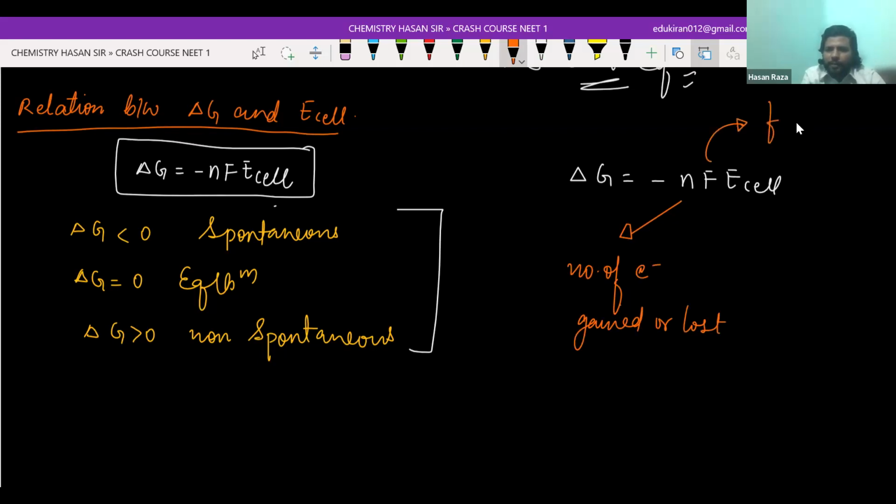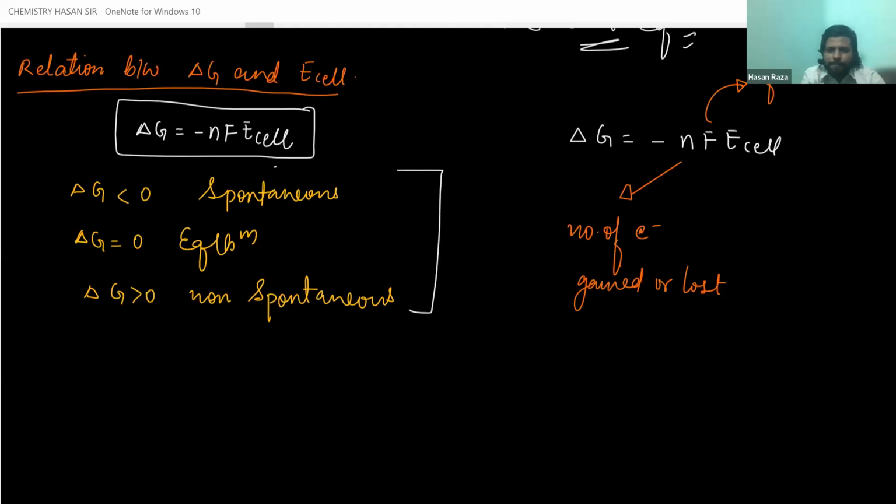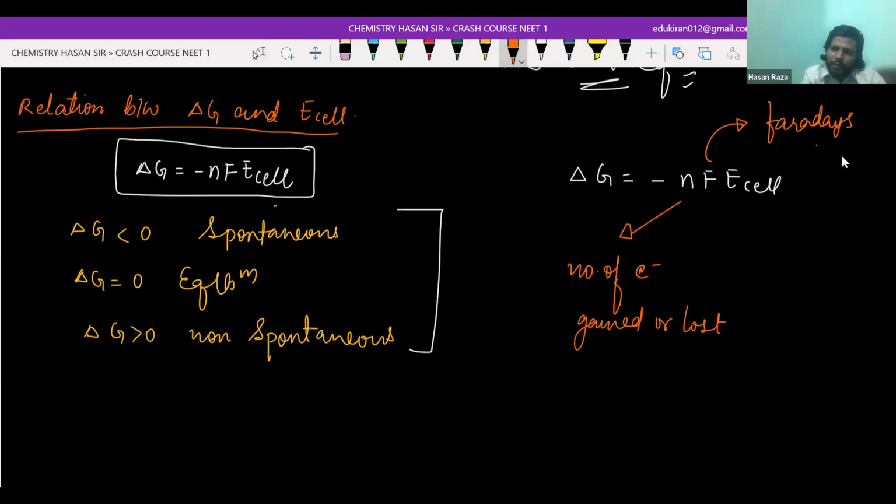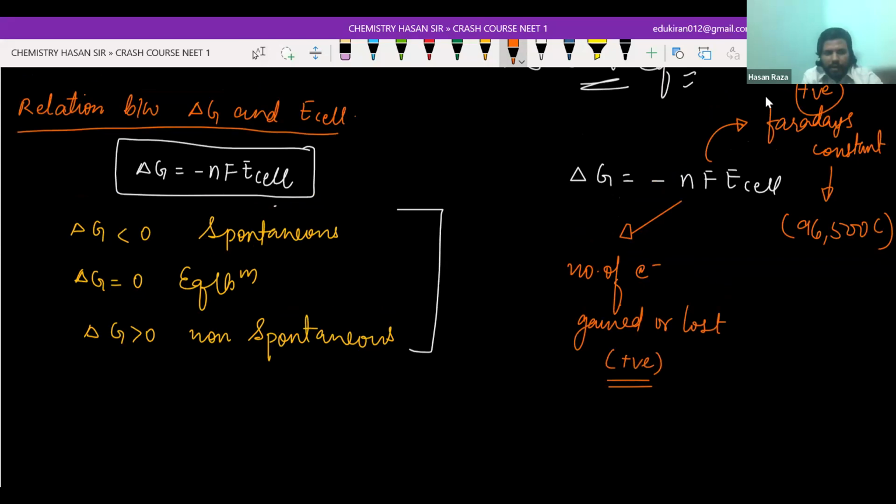F is Faraday's constant, which is 96,500 Coulomb. Now see, n is always positive because it is the number of electrons gained or lost, and F will also always be positive because it is a constant which has a value of plus 96,500 Coulomb.